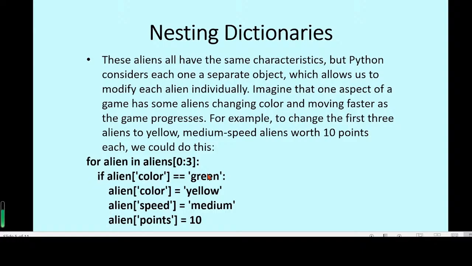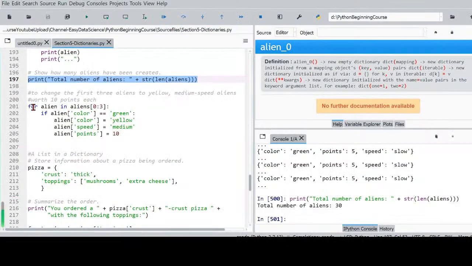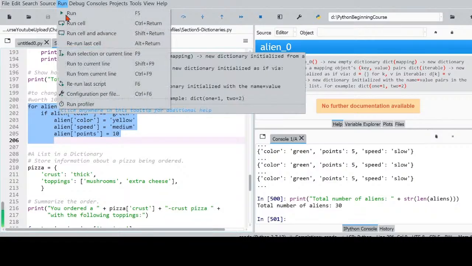Then the if test: if alien's color is green, then we change it to yellow, change the speed to medium, and change the alien's points to 10. So we can set the alien's color, speed, and points to these values if the alien's color is green in the first 3 aliens.